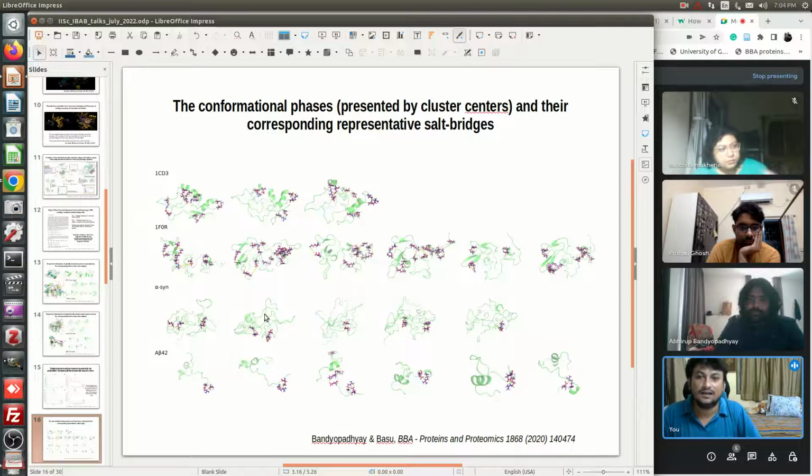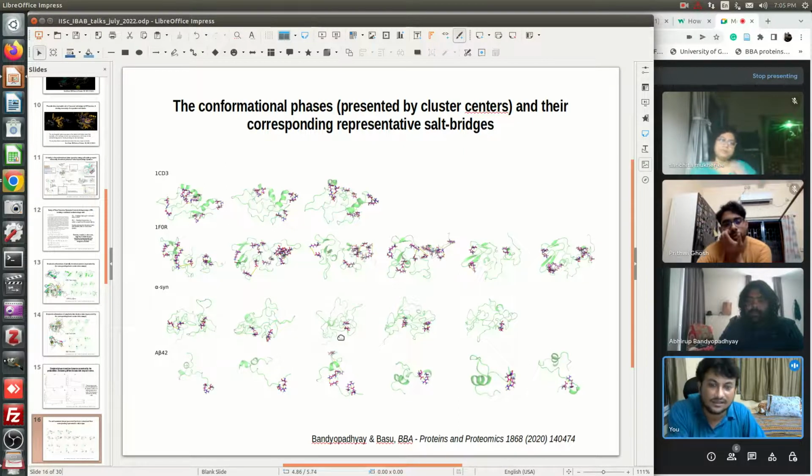So then we mapped the salt bridges on each of these conformations, and we found there are two categories of salt bridges, if I may put it that way. There are certain common salt bridges common to all conformations for a given IDP, and there are certain salt bridges which are unique to a given conformation or conformational cluster. The unique salt bridges interchange, they undergo the transition, and can probably act like switches in these phase transition dynamics.